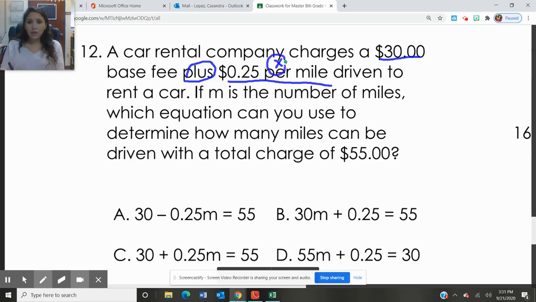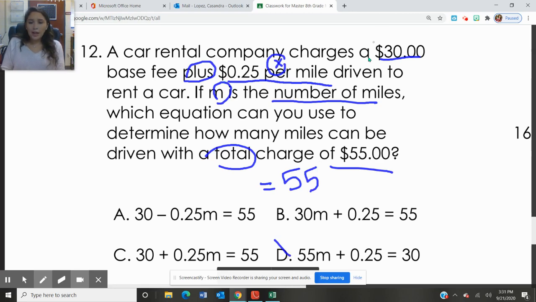And then here it is telling us that M is the number of miles. And it's asking how many miles can be driven with a total charge of $55. So we know that whatever expression we get, it's going to equal $55. So right off the bat, I can eliminate D.